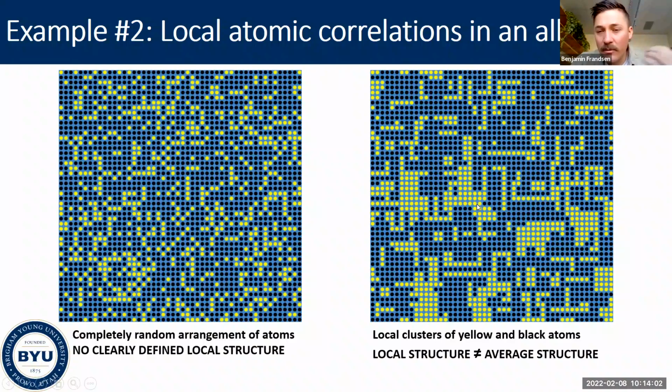If you pick an atom, then you're most likely to find a like atom among its nearest neighbors. So this is, again, another example of how the local structure is not equal to the average structure, and that could be important for understanding the properties of this alloy. So that's what I'm talking about with local structure.